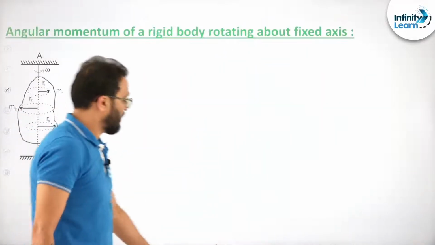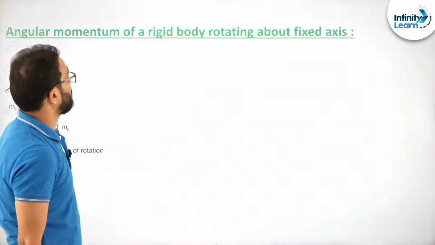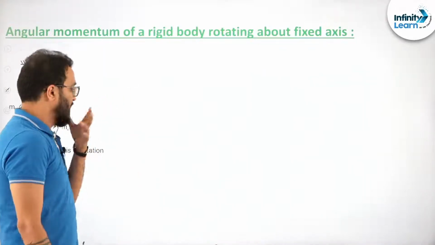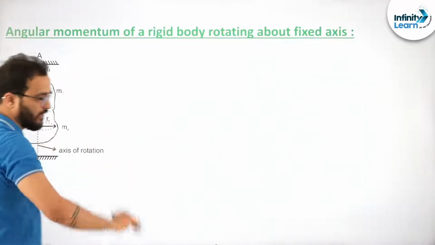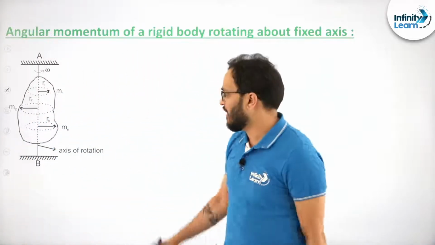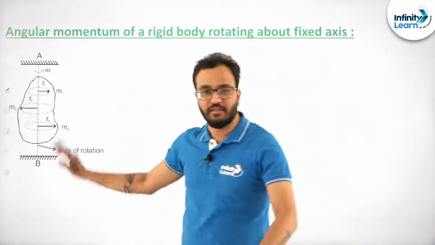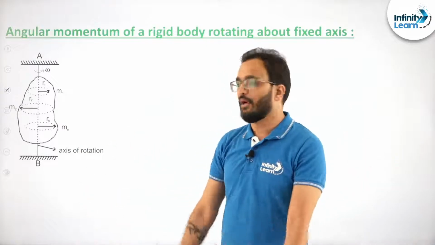Now, angular momentum of a rigid body rotating about a fixed axis. Now this is very simple. I have taken a rigid body here, and let's understand there are some point masses here, m1, m2, m3, like this. It is made up of a lot of point masses.